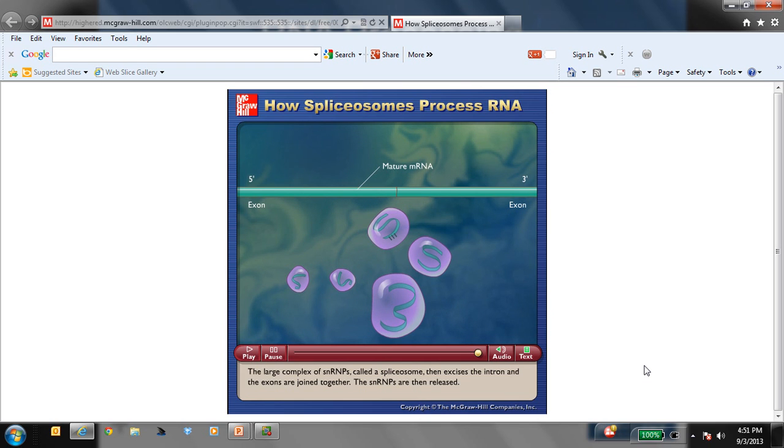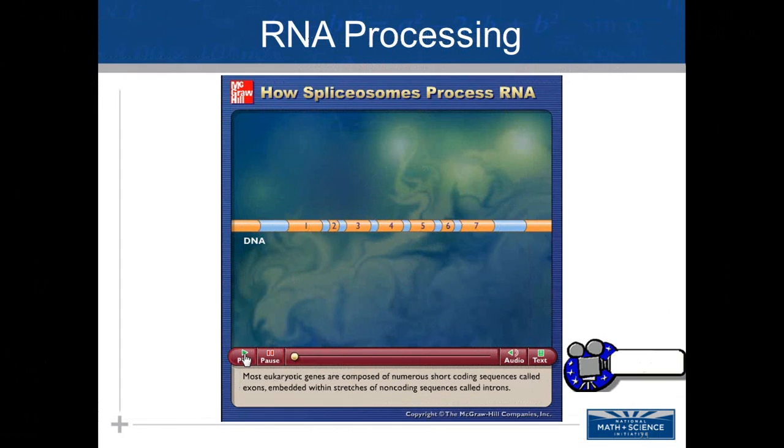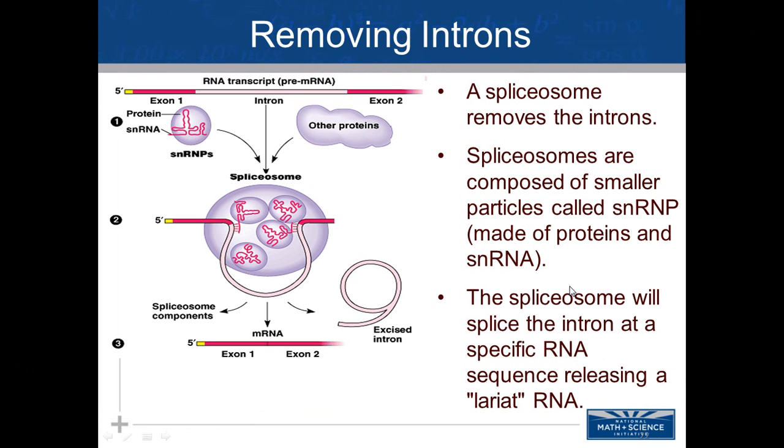So let's look at this. Okay, again, here we have an intron, and here we have some small nuclear RNA and some other proteins. What's going to happen is they're going to come together and form something called a spliceosome.